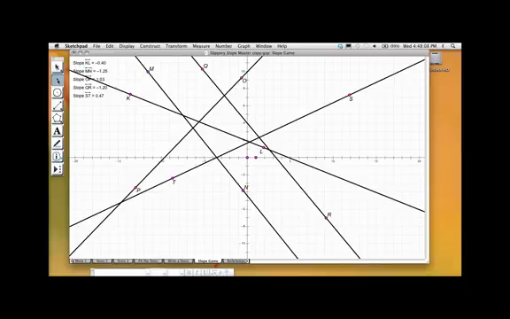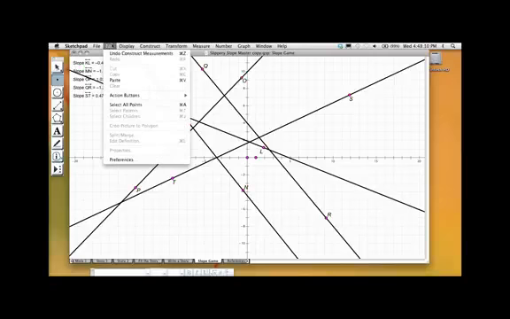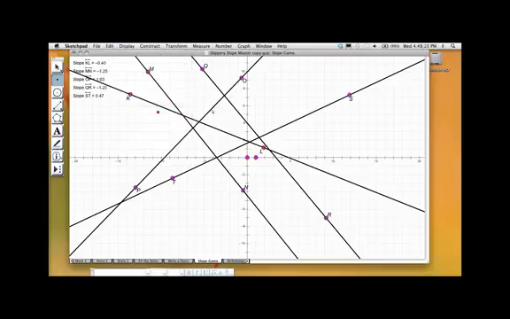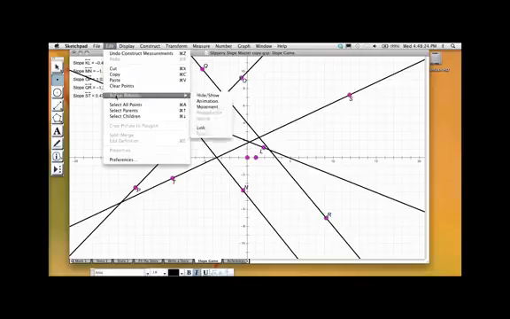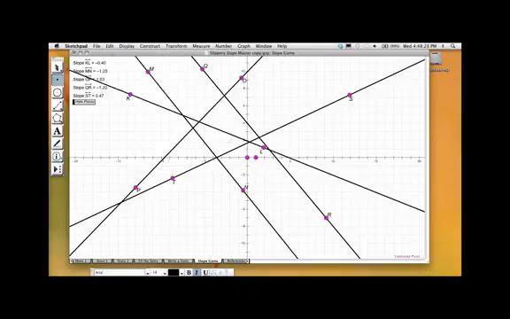Let's try again. Go to the edit menu. I can select all points, and because I have the point tool selected, this option comes up. So now all the points are selected, and now I'm going to make an action button to hide all those points, again using the hide/show button.